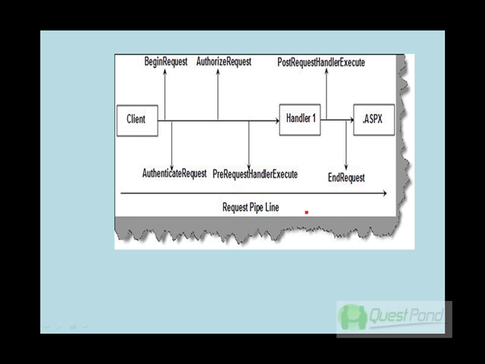Now there's one more important thing, that is the HTTP modules. When a client sends a request for an ASPX file or any file type, it emits a lot of events. For example, some of the common events I've shown in the video are begin request, authorize, or end request when the request is ended.